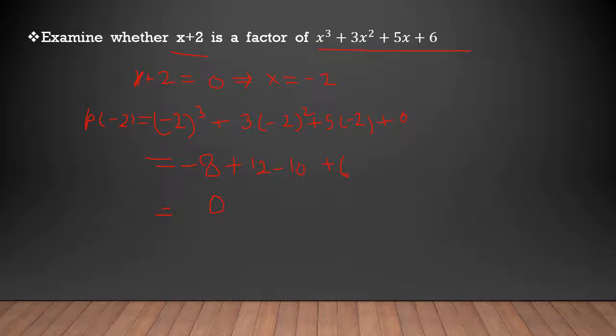So it is clear that if the remainder is 0, then it is a factor of p of x.